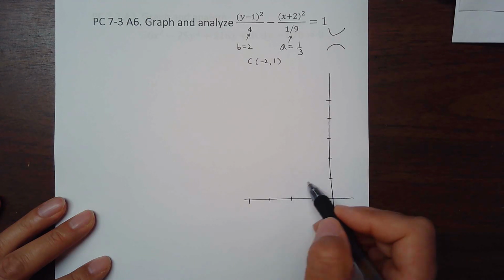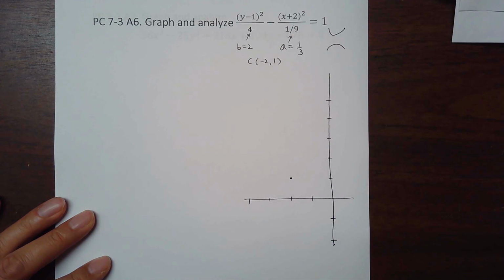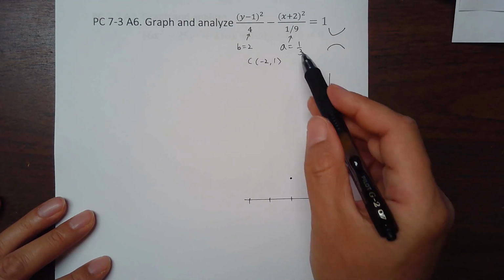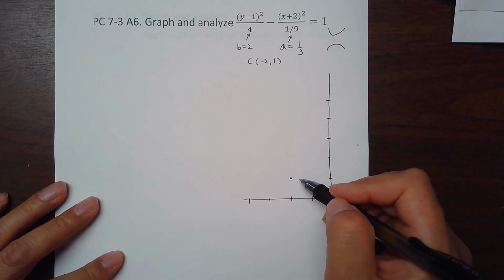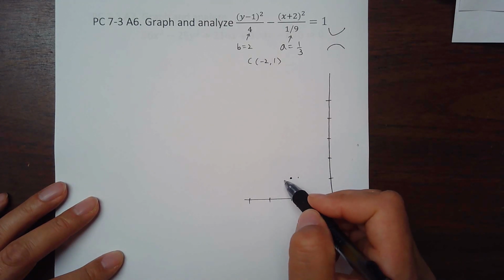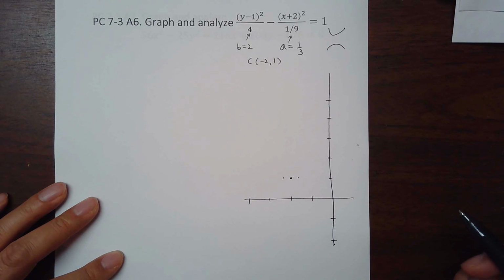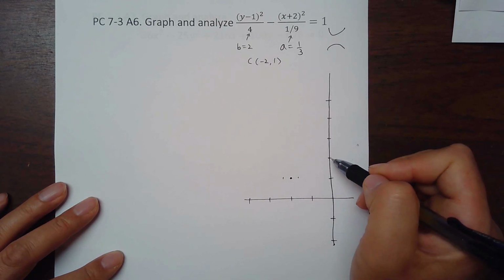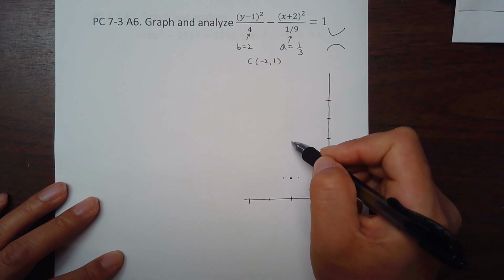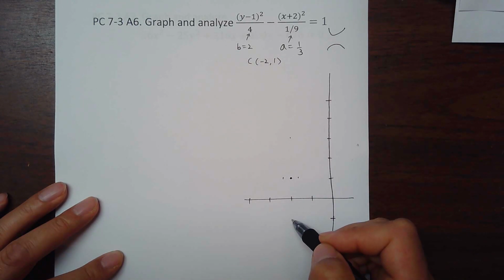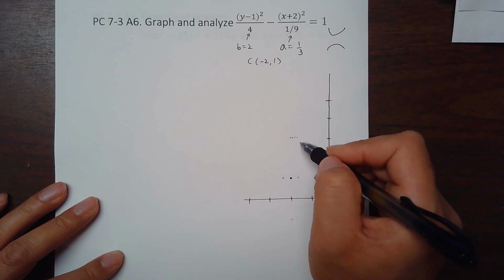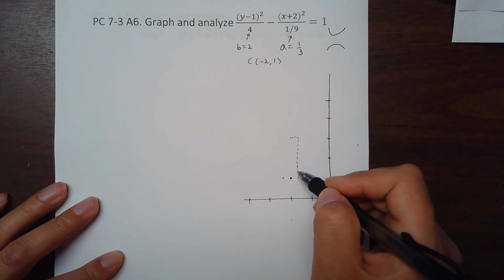Center is minus 2, 1. You go right by A, which is 1/3, so I'll go right by somewhere over here, left by 1/3 somewhere over there. Up by 2 will go up by 2 somewhere over there, down by 2 somewhere over here. So your box will be very slim.